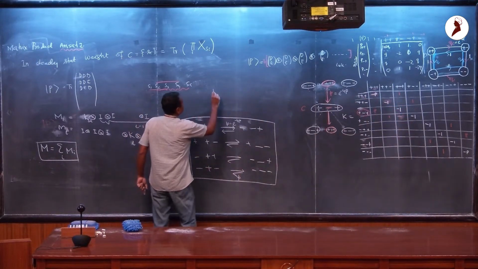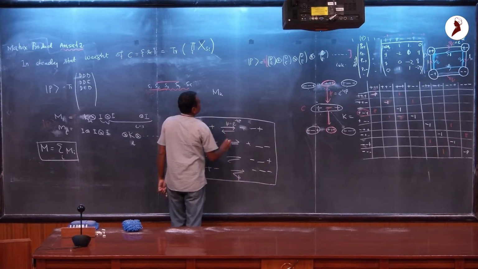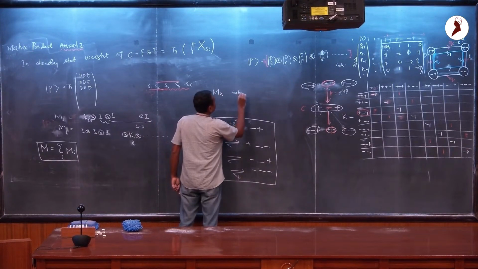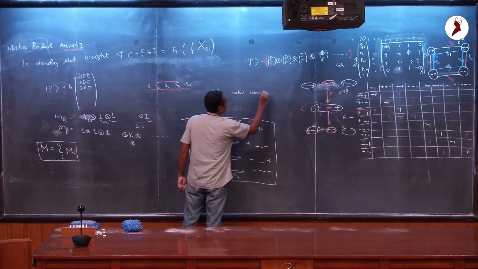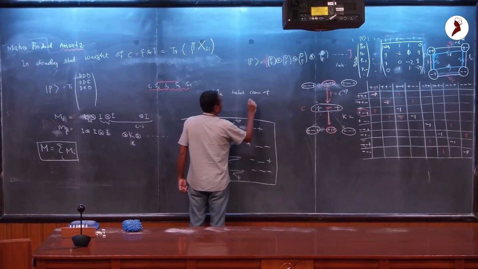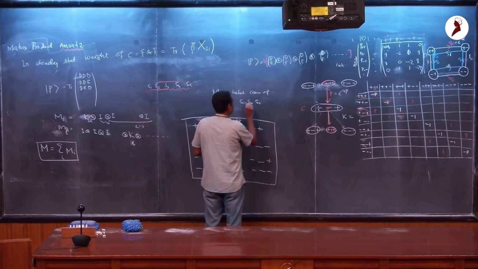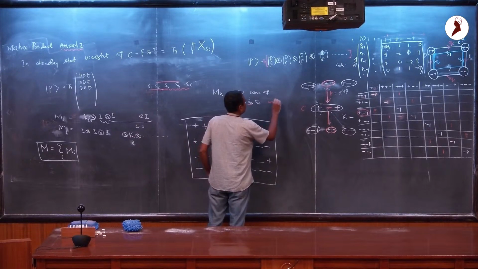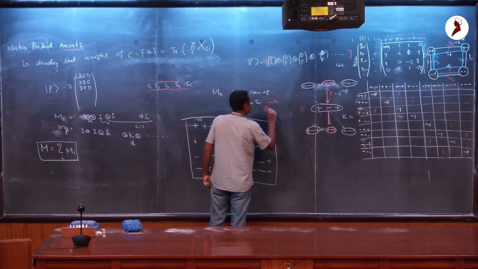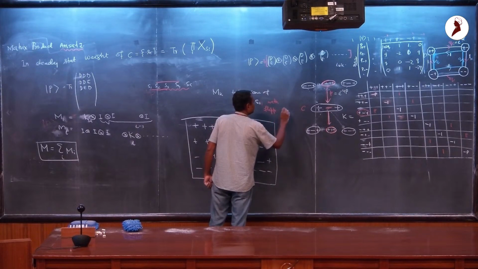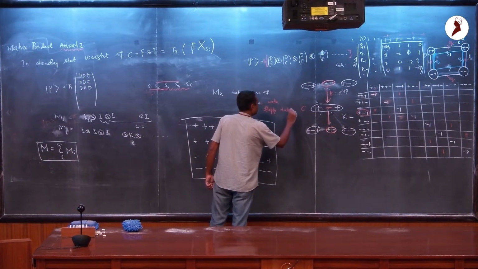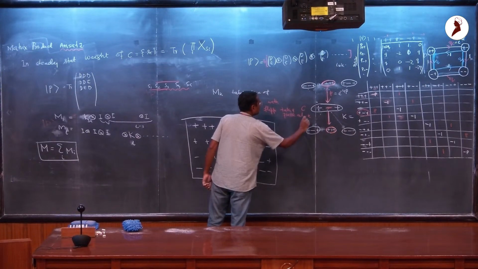Mk first of all takes care of Sk, Sk minus 1, Sk plus 1 with flipping taking place at the kth site.